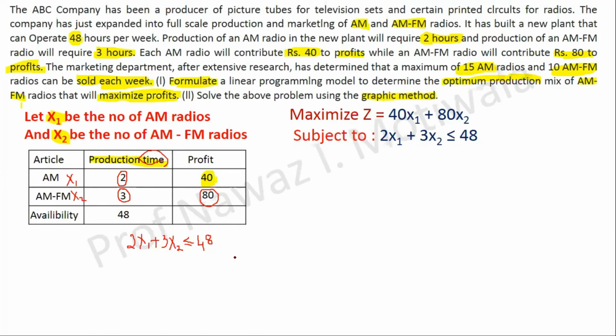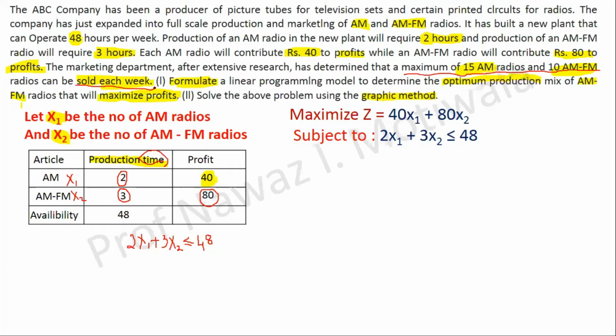Now what about the other constraints? If you read the third last line, after extensive research it was determined that a maximum of 15 AM radios and 10 AM/FM radios can be sold. So it cannot exceed this value.